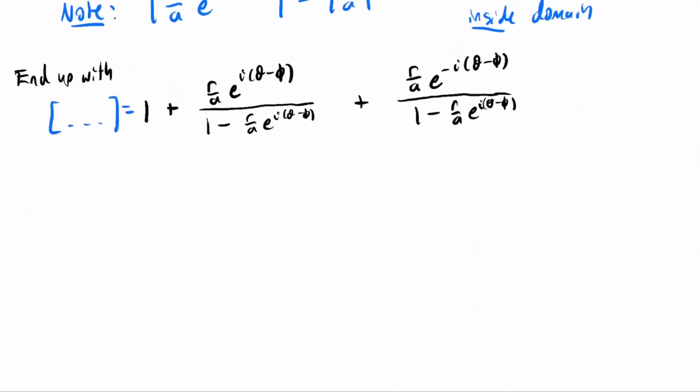So let's now do the algebra and try to combine these terms. In order to simplify the calculations, I'm going to let b be theta minus phi, so that I'm not constantly confusing two different a's.